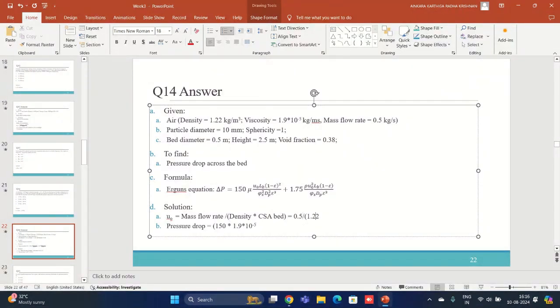0.5 divided by 1.22 into 3.14 into r square, where r is 0.25 square.